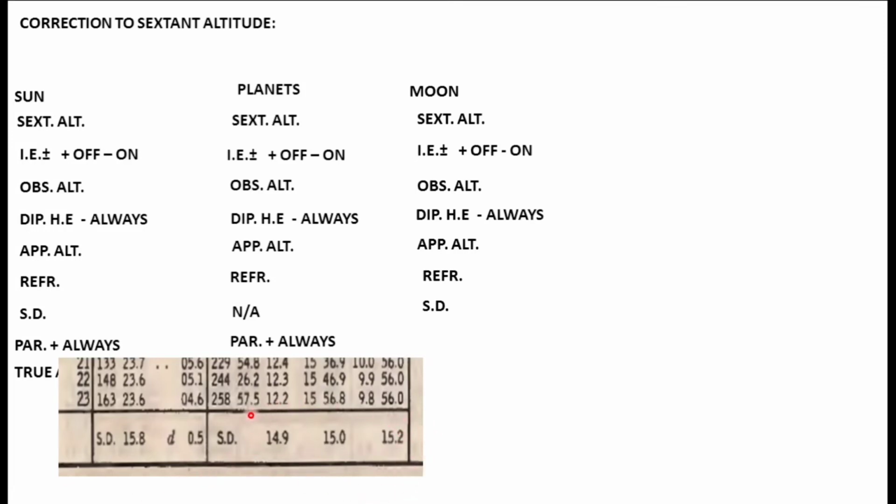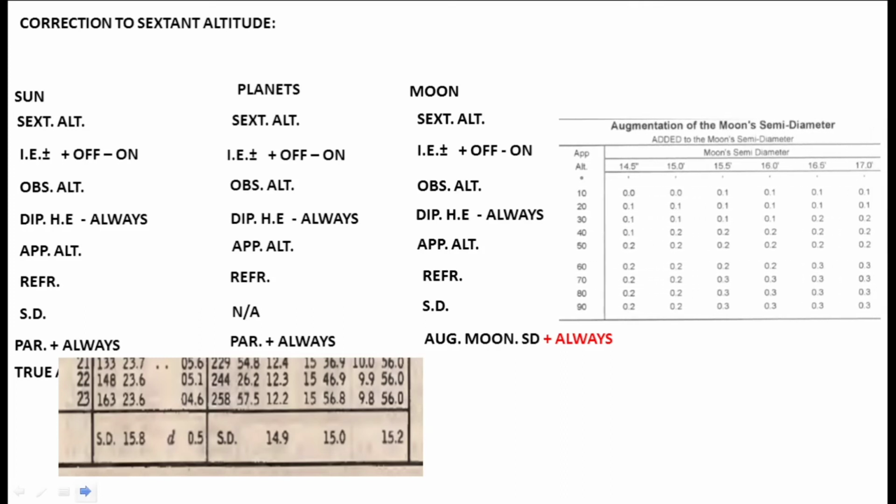For the moon, it is given for 3 days. And then we have to add the augmentation, which I just explained a little earlier. You get the augmentation from the nautical tables there. And again, if you don't remember, it is written down here: added to moon semi-diameter. So it's always added. You get your semi-diameter.